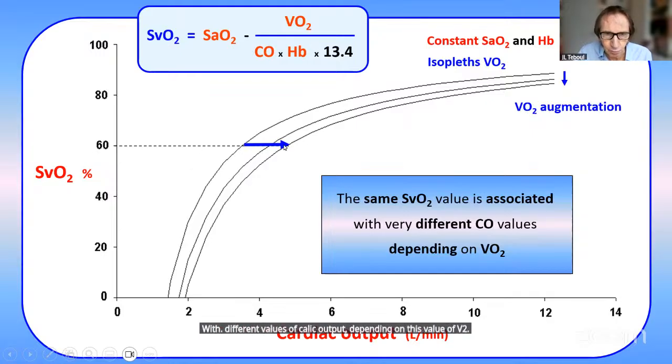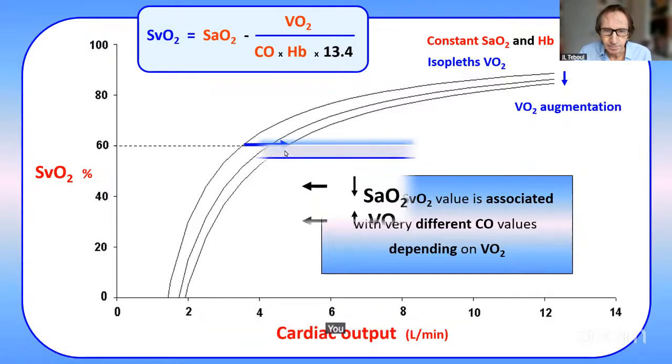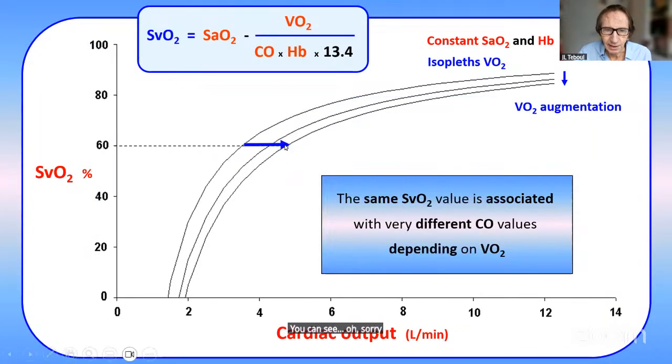For example, in the present case, you can see that cardiac output here is higher than in case of decreased oxygen consumption.